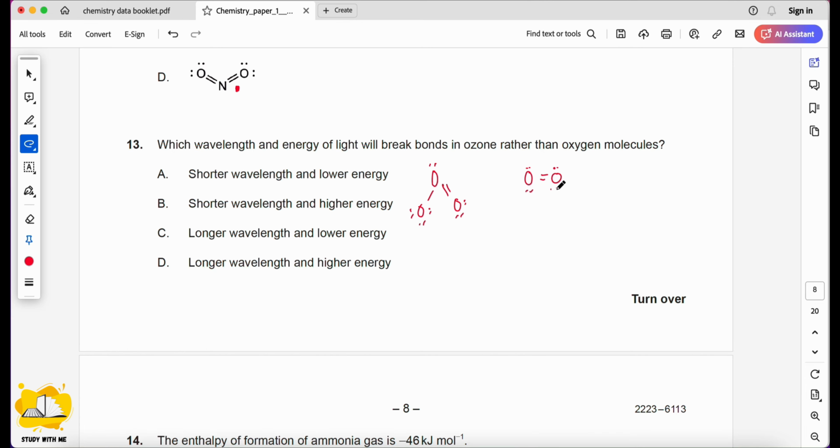Because ozone experiences delocalized electrons and is weaker, therefore it needs a longer wavelength and lower energy compared to oxygen.